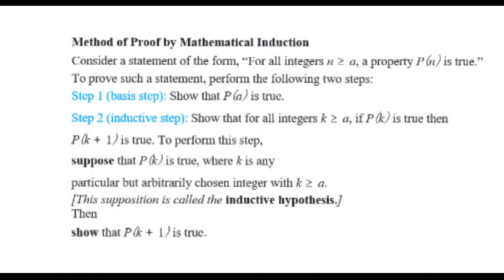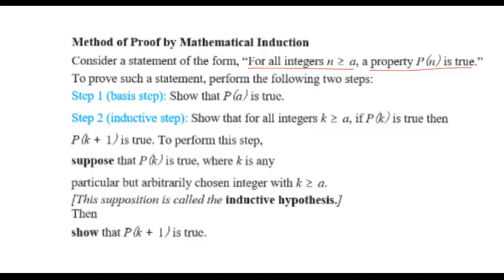Okay, so in the previous slide, we introduced the concept of mathematical induction. Now we are going to formally introduce the method of proof by mathematical induction, right? So consider a statement in the form of a universal statement which says for all integers n greater than or equal to a, the property P of n is true.